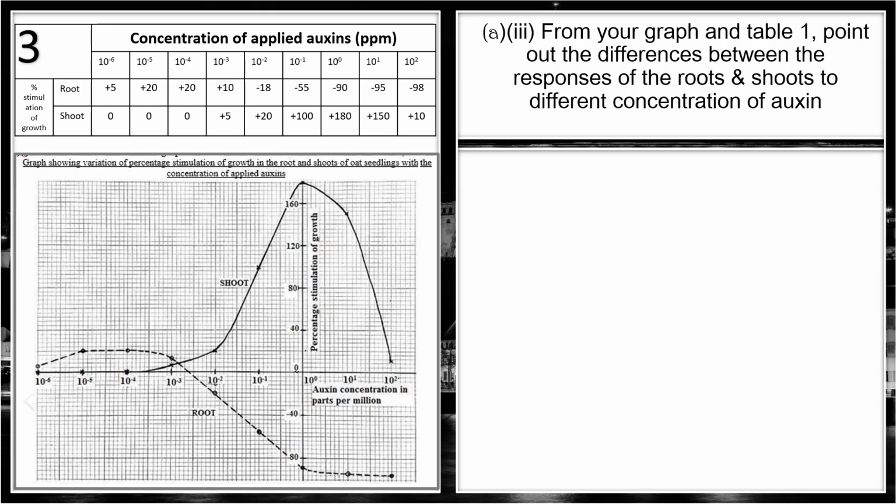Part A, Roman number 3. From your graph under table 1, point out the differences between the responses of the roots and shoots to the different concentrations of auxins.